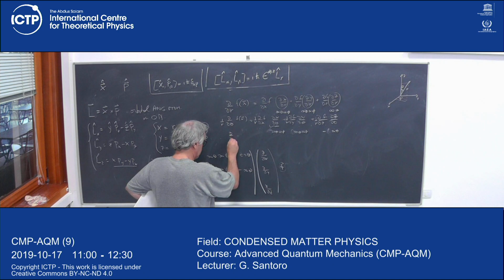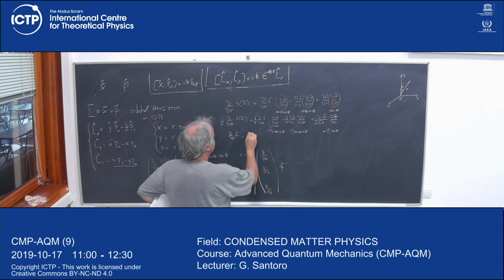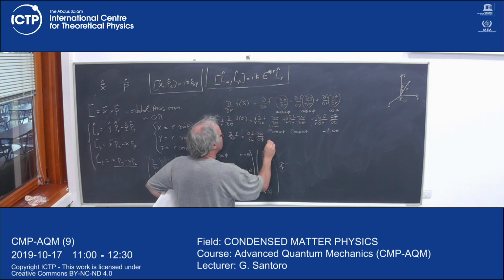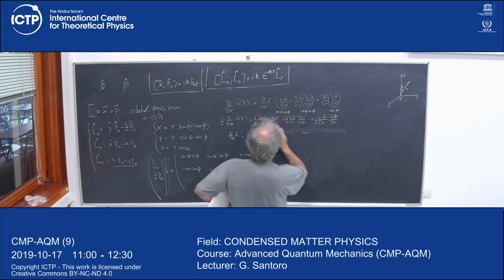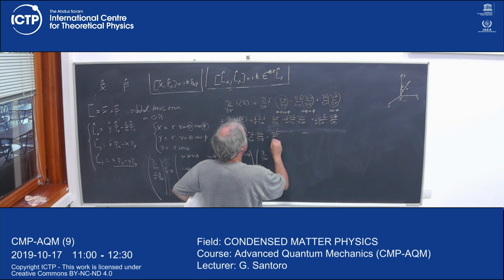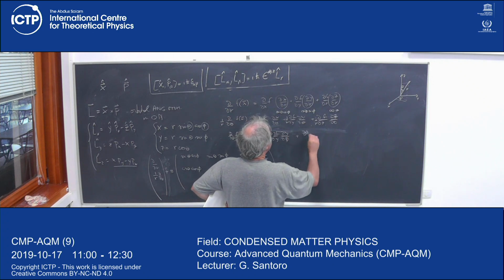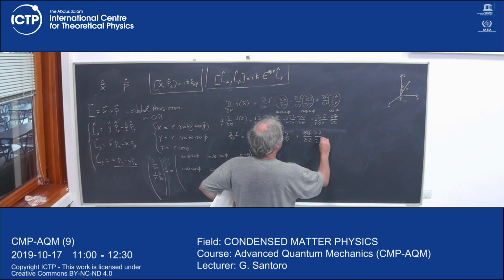So the derivative with respect to phi of f. That's equal to the derivative of f with respect to x times the derivative of x with respect to phi plus, I erased this because we used it already, derivative with respect to y, y with respect to phi plus derivative with respect to z, z with respect to phi.